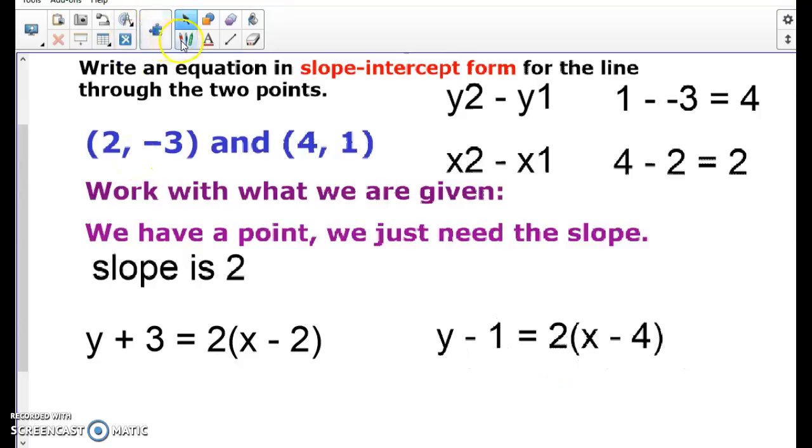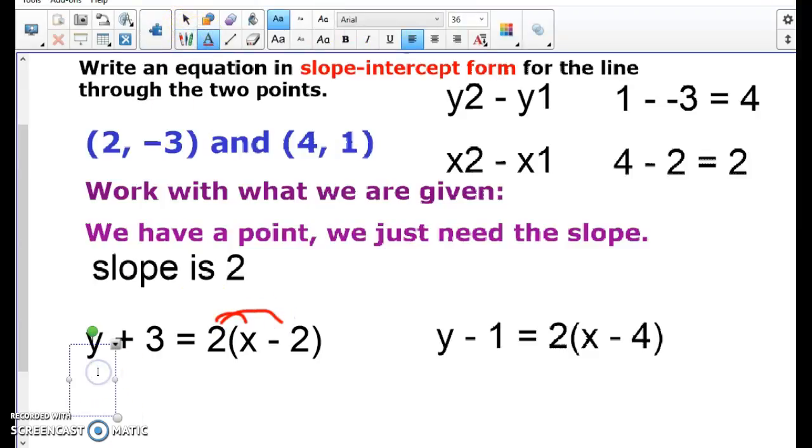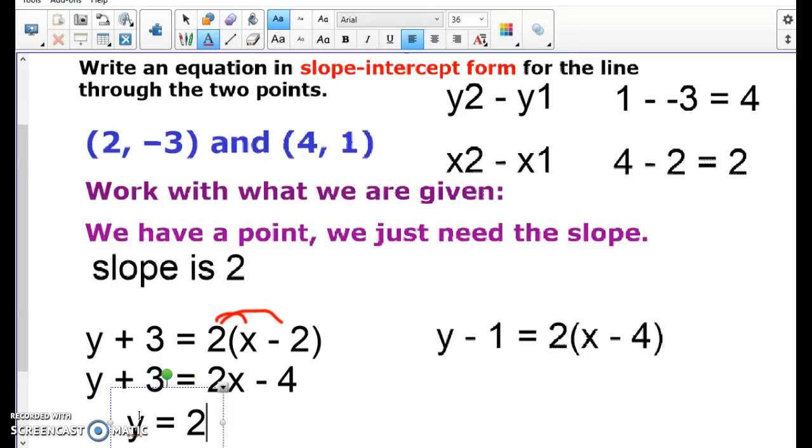If I multiply these out, I get 2 times x, 2 times negative 2, so I end up with y plus 3 equals 2x minus 4. Then I'm going to subtract 3 from both sides since it says plus 3. So I end up with y equals 2x minus 7.